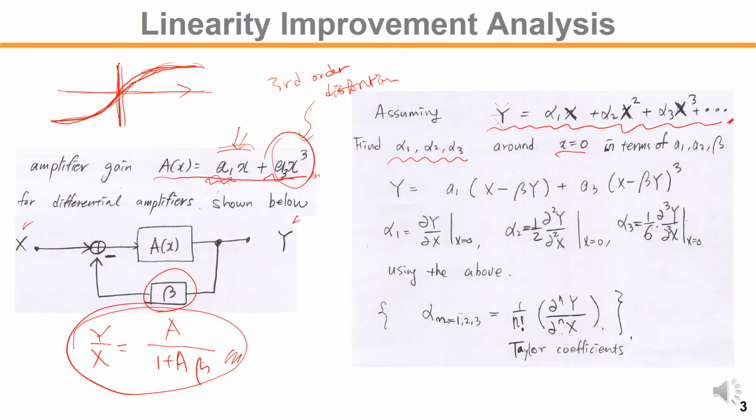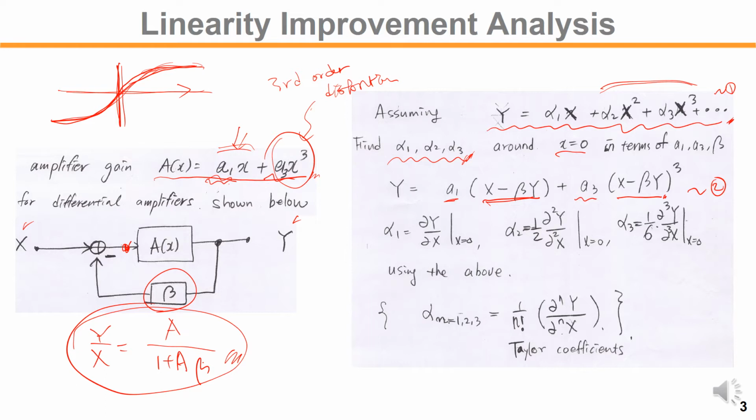After feedback, the coefficients are alpha 1, alpha 2, alpha 3, etc. So we know that the input to the amplifier here is x minus beta y, right? So y is a1 times x minus beta y plus a3 times x minus beta y cubed, right? This relationship.